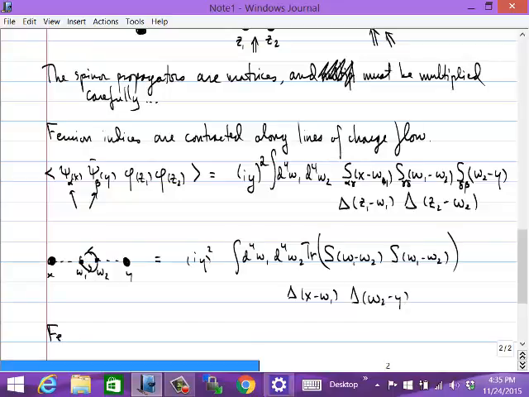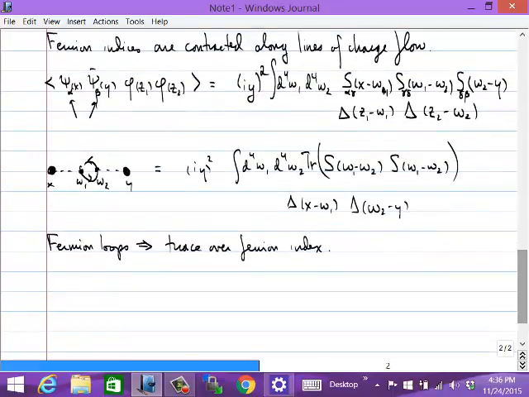So that's an important point. For every fermion loop, you have to trace over the fermion index. And in fact, that's not just true for fermion indices. If we were considering, for example, scalar QED, as we did last week, and you wanted to compute a correction to the propagator from a photon loop, then you would have something like that.